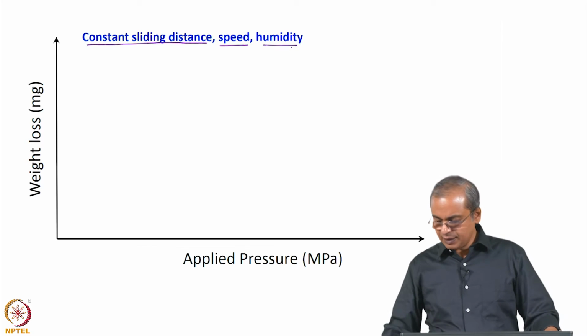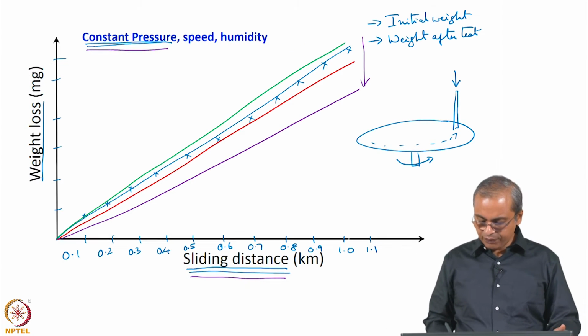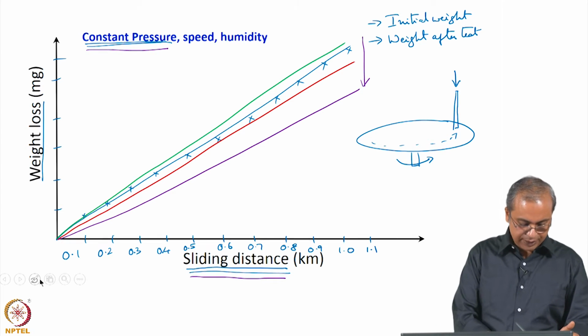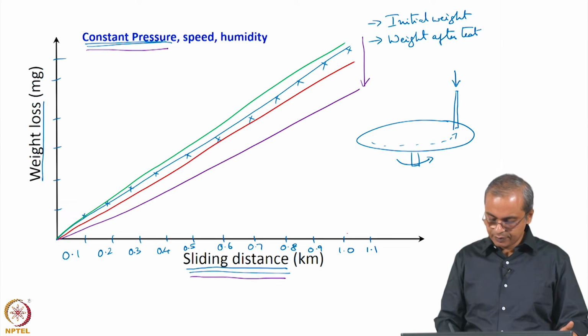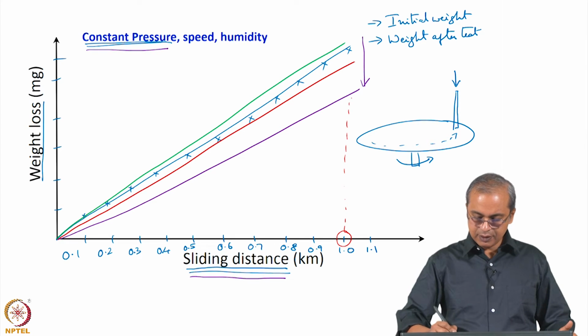If you go back to this curve, it is like saying you are always travelling 1 kilometer distance. You let the test run for the same amount of time, and at that distance you see for the different samples what is the weight loss.